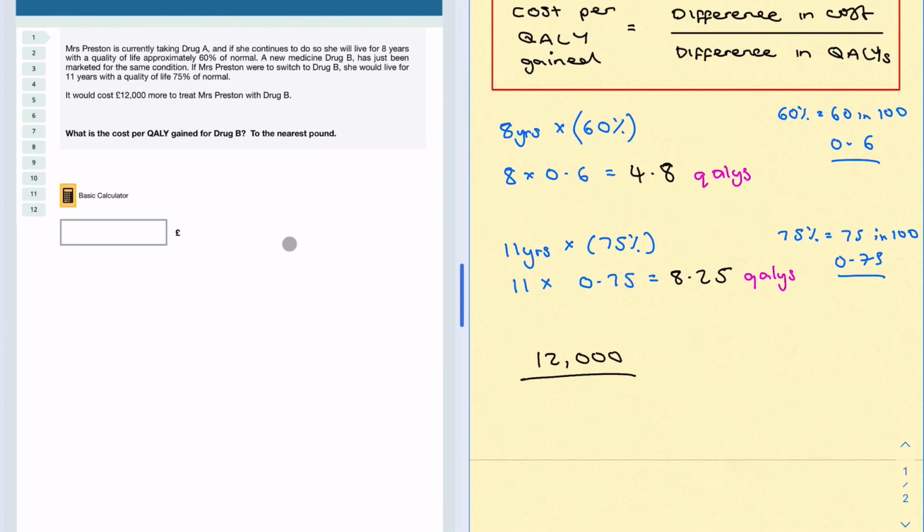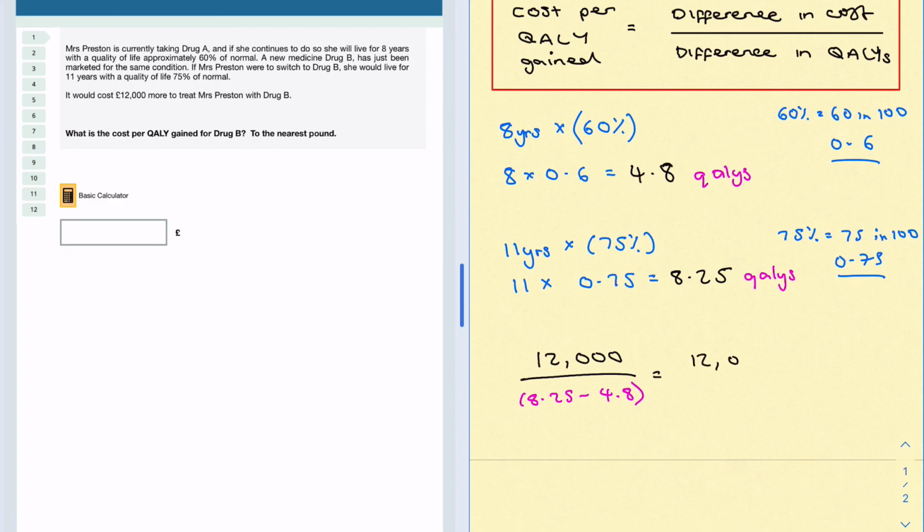So now that we've got our value of £12,000, we can put that in the top of the formula, difference in cost. Now we need our difference in QALYs, which would be 8.25 minus 4.8. Where did we get that from? Well, over here we calculated what each QALY was for treatment A and B, and now we just subtract them to get the difference. So 8.25 minus 4.8 gives us 3.45.